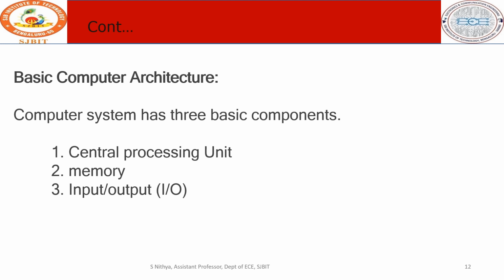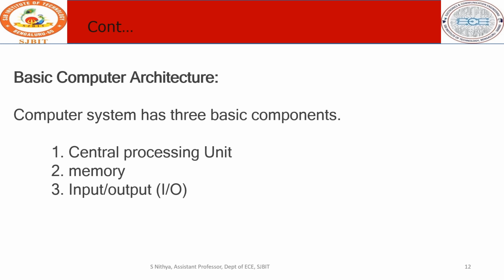The box is nothing but a device. Multiple inputs and multiple outputs can take place here, and all of them are interconnected: input/output, memory, and the central processing unit. The input is stored in the memory, and the processor performs the operations based on the requirement.